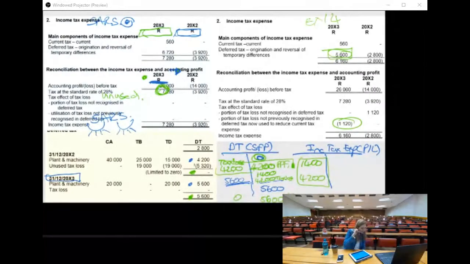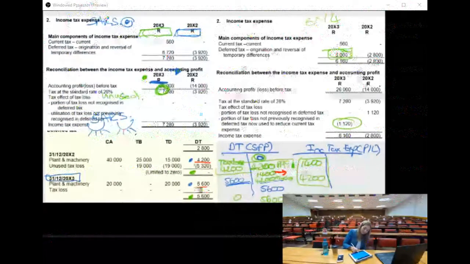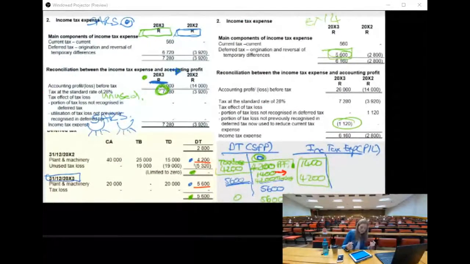Okay, so you are referring to this 1,400 credit to the deferred tax account. It should not be a debit to make the 5,600? No, because I'm increasing my liability. Our liability opening balance was 4,200. Liability closing balance is 5,600. So we increase the liability, therefore it should be a credit. Okay.